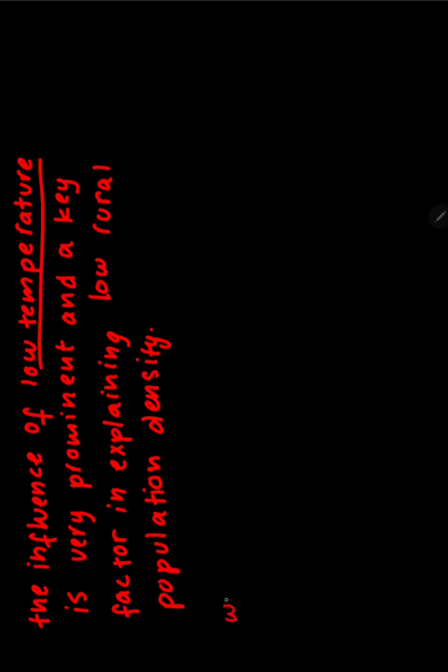So in the Northlands, winters are very cold, and most of the region has a mean temperature below 20 degrees. And we're talking about January because that's when winter is, right?